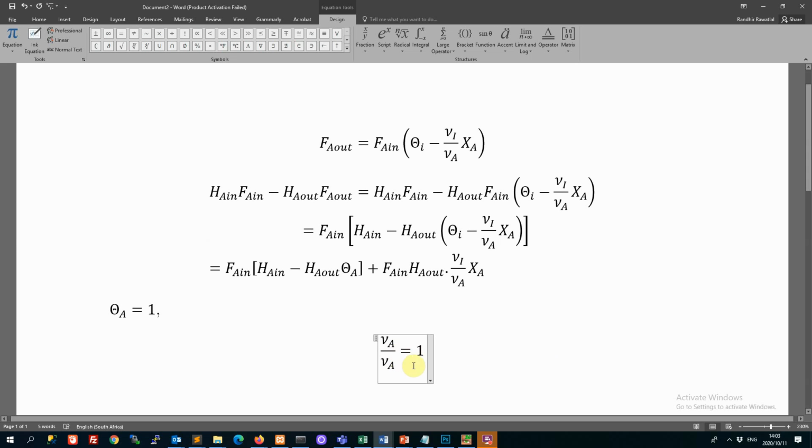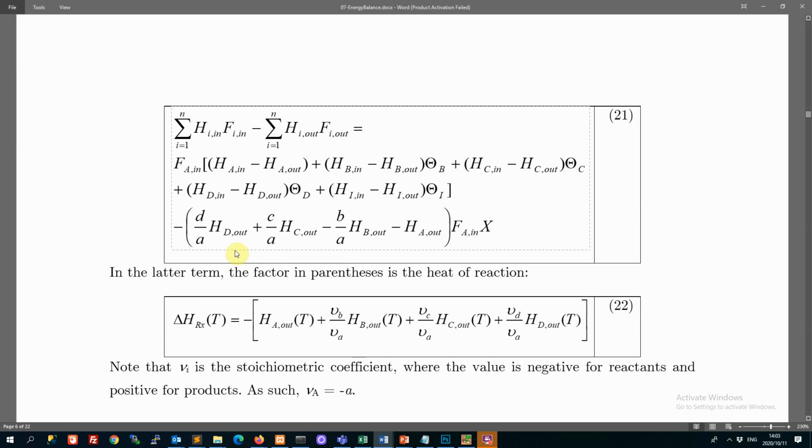Right, this is obvious, but of course we have this term here, and I was writing this generally as I. So we can see here we are going to get H A in minus H A out times 1. So that's what we have here.